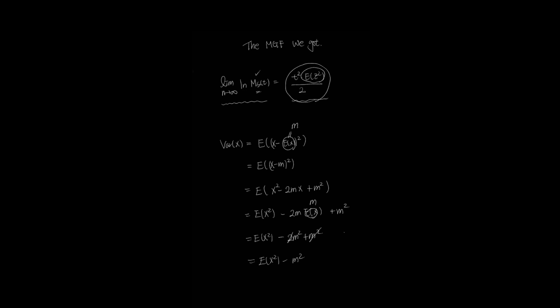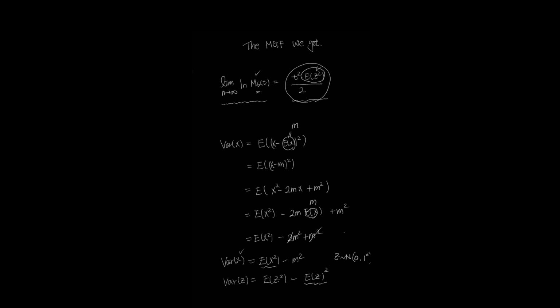X was a variable we randomly decided to use, but we're dealing with Z here, which is the standard normal distribution variable. We need this form, which is the expectation of Z squared. We know that Z follows a normal distribution with mean 0 and standard deviation 1, because it's the standard normal distribution.